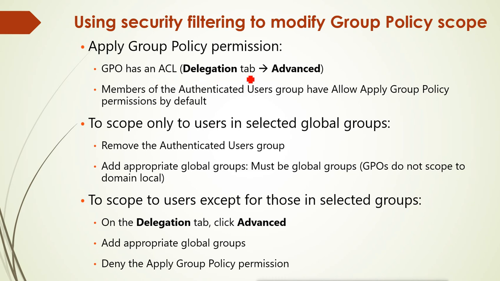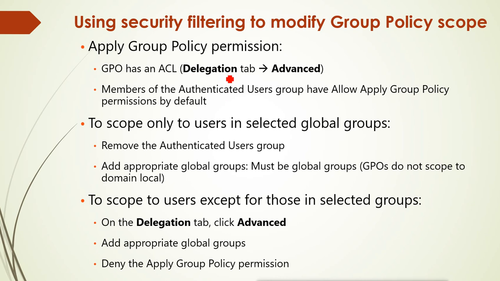We can go to advanced and select that members of the authenticated users group have allow group policy permissions by default. So if you want to delegate the permission to some other users, so that the policies are going to be managed by the other users, we can do it by the delegation tab.